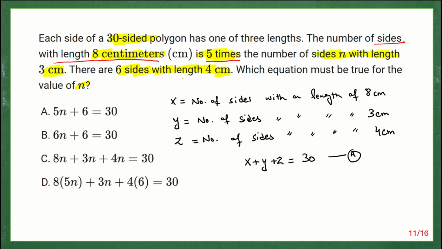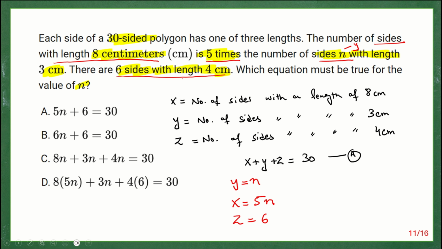They have already given us a variable for the number of sides with a length of 3 centimeters, which was our y. So y equals n, and x equals 5n.